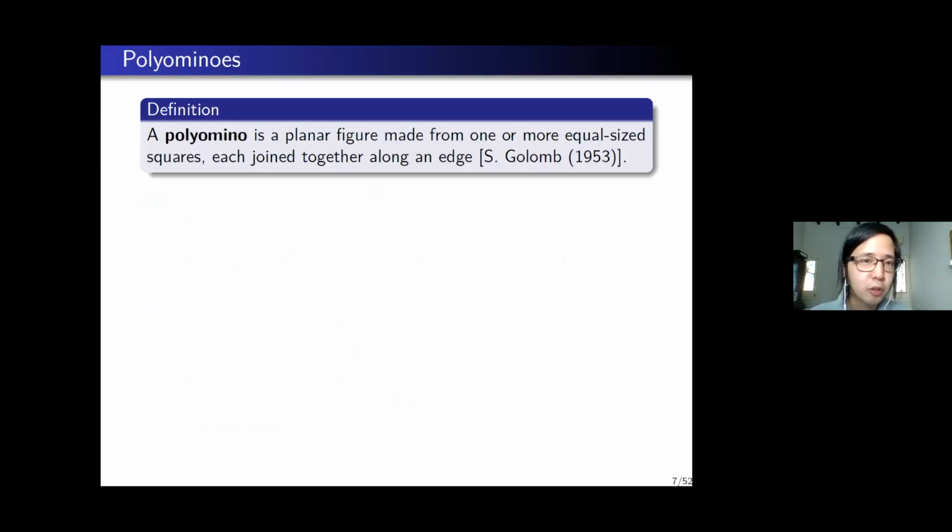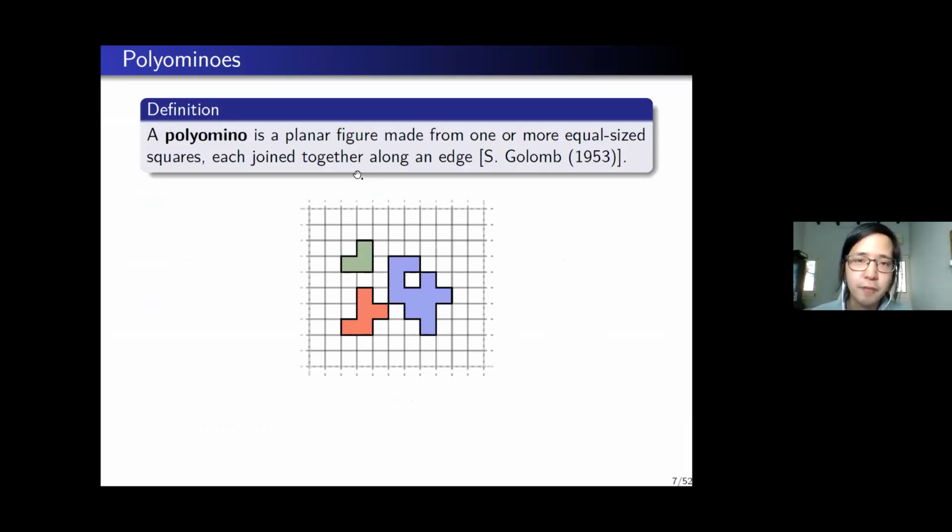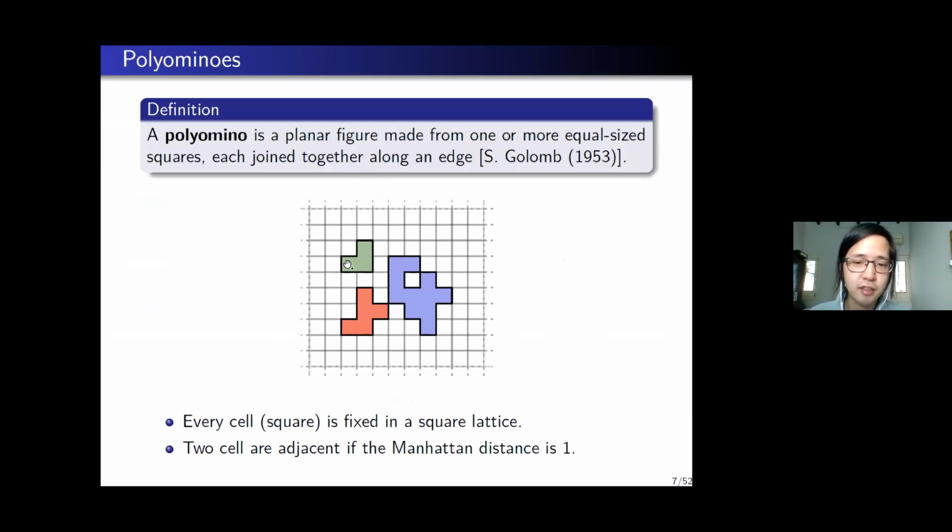A polyomino is a planar figure made from one or more equal sized squares, each joined together along an edge. So we consider two cells adjacent if they are adjacent horizontally and vertically; diagonally we do not consider them adjacent.